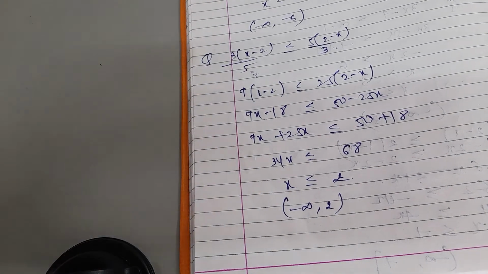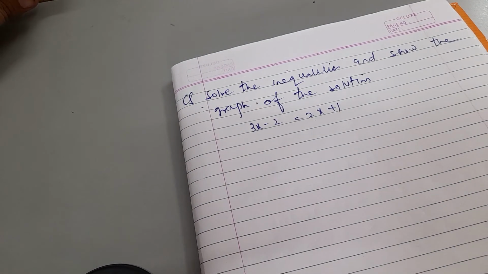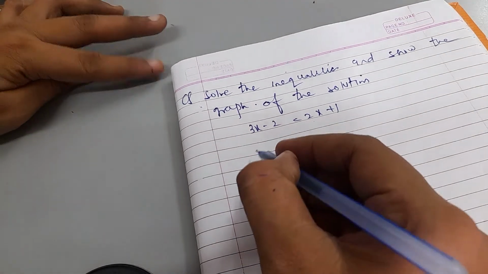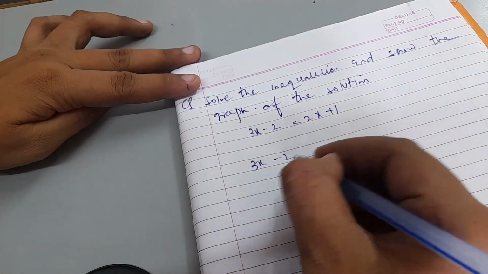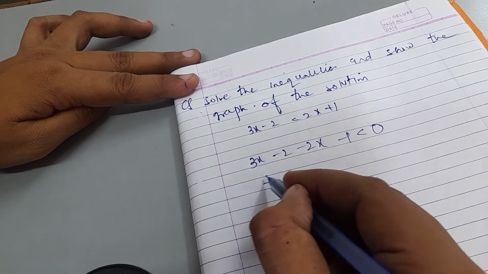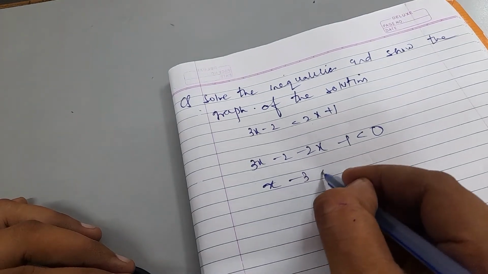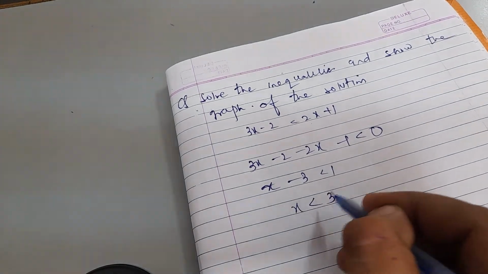Right? Next question is, solve the inequality and show the graph of the solution. 3x - 2 < 2x + 1. So 3x - 2 - 2x - 1 < 0. 3x - 2x gives you x, and -2 - 1 gives -3, so x - 3 < 0. So x is less than 3. Right?